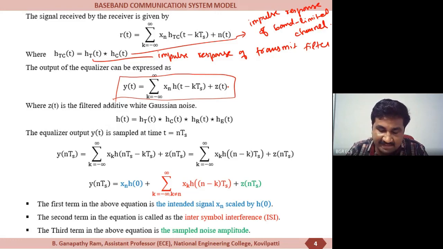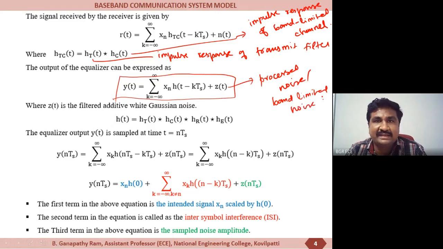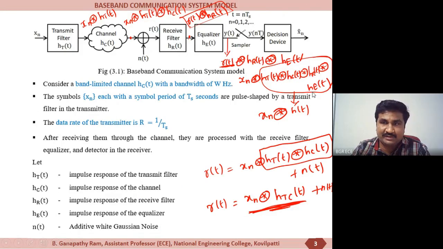And z of t is the processed noise, or we can say it as band limited noise, which is processed by the receiver filter as well as the equalizer filter. Because n of t is the input, because R of t consists of plus n of t.